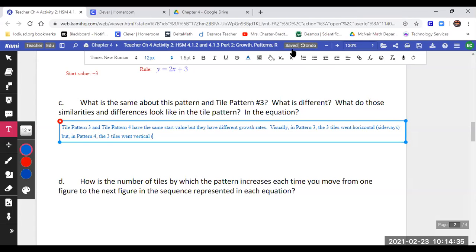What's another way to say vertical? In everyday terms, what's another way to say vertical?